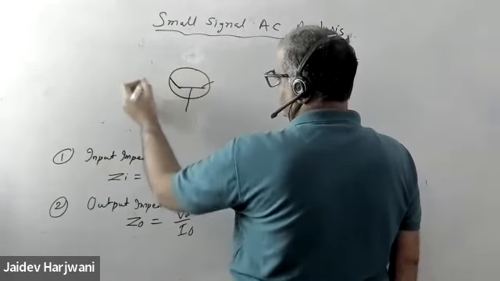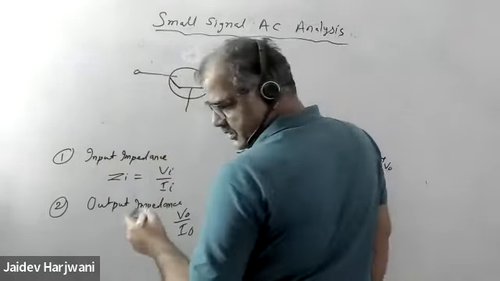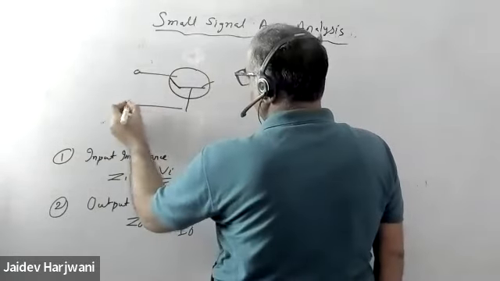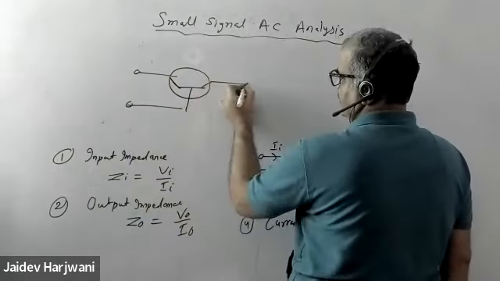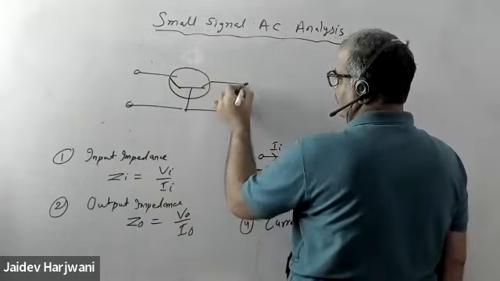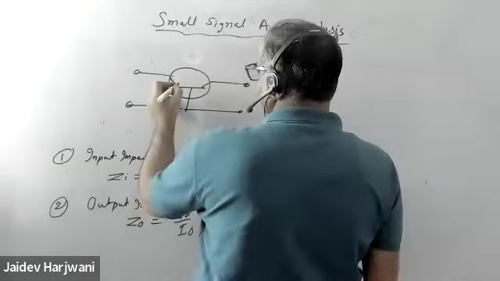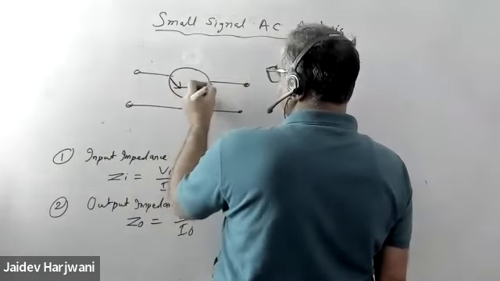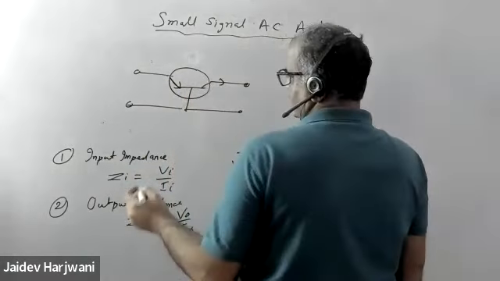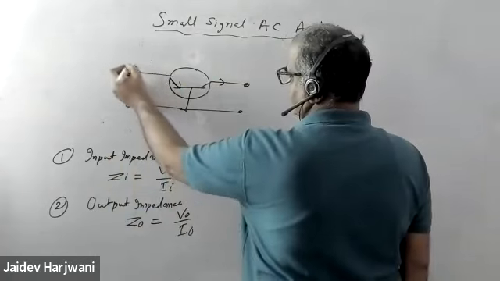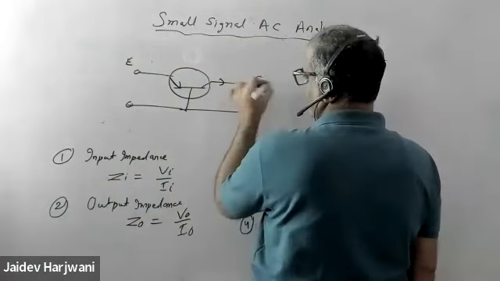These are my input terminals and this is my output terminal. If it is a PNP transistor, current will go like this. Say this is my emitter and this is my collector.